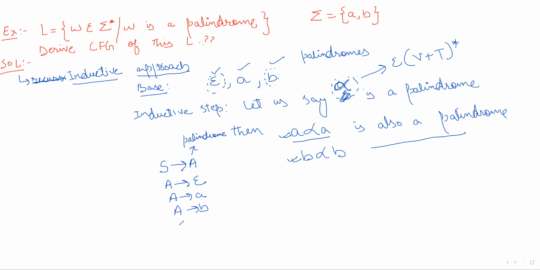So that means I should be able to generate A, and we know that A is a palindrome. So instead of alpha, we have to write A here. So I can write A, and A gives us, what is the other induction rule? B A. So these are the production rules that can generate our palindromes.